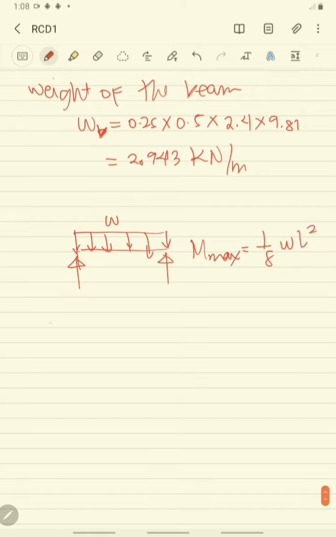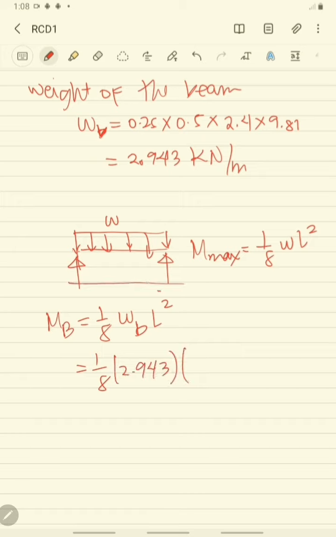So the maximum moment of the beam due to dead load, or due to the weight of the beam, is 1 over 8 times 2.943 times the length squared. The length is 12 meters, so 12 squared.